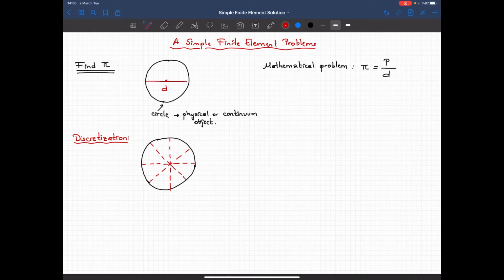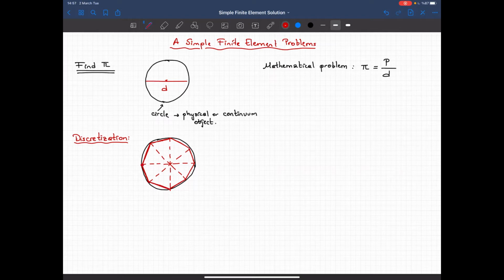And my finite elements are as follows. This is my first finite element. These are basically line objects. So I'm discretizing this structure by using 8 line elements.